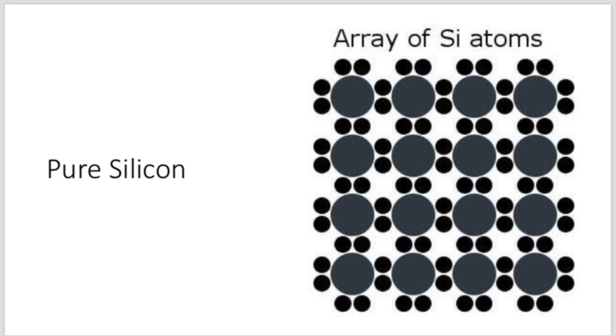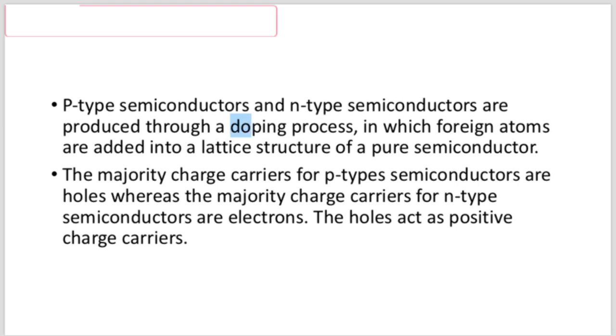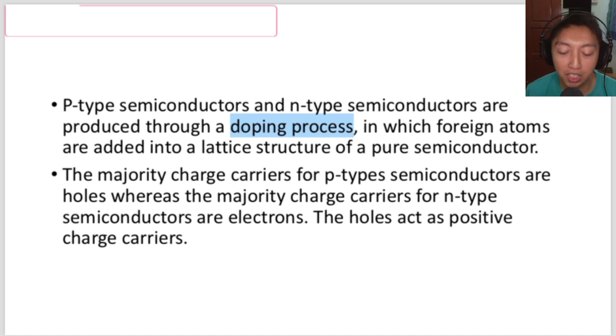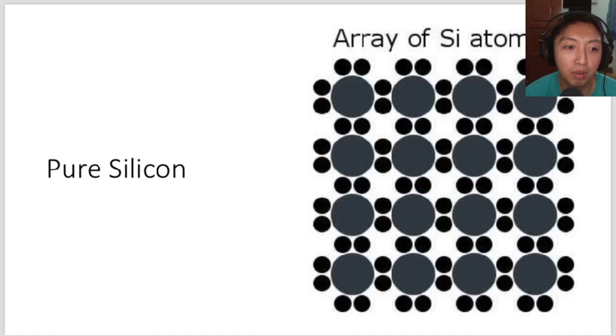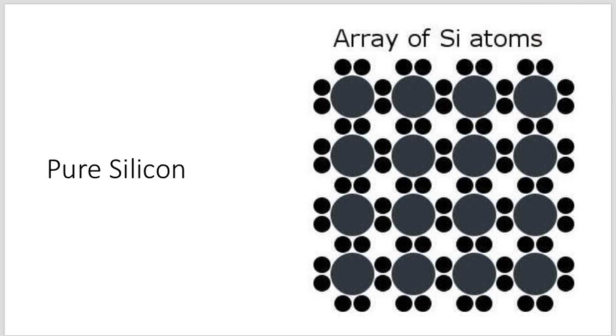So what we do is we do something called doping. Doping means we take this pure silicon and we add some other substance, some foreign atoms. So we add foreign atoms into a lattice structure of pure silicon, or of a pure semiconductor. So for example, here we have silicon. Now there are two possible things that might happen when you add a foreign substance.